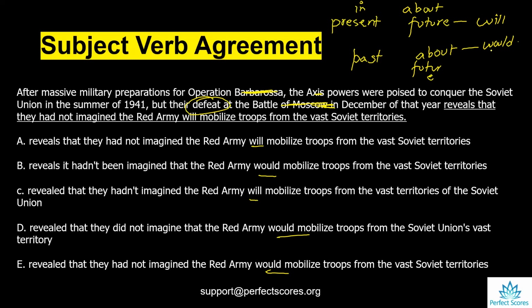For example, I believed last year that I would take the GMAT test. Okay, is this distinction clear to all of you? Yeah. All right. So use this new information to see whether option A is correct or not.